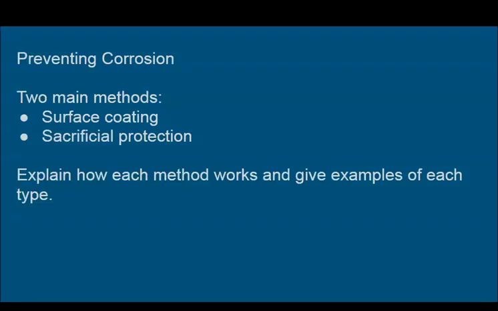Because corrosion is a big issue worldwide, we need to consider how you can prevent corrosion. There are two key methods. There's one, surface coating. That's things like painting, covering with plastic. And the other one is a little bit more complex, and it's called sacrificial protection.